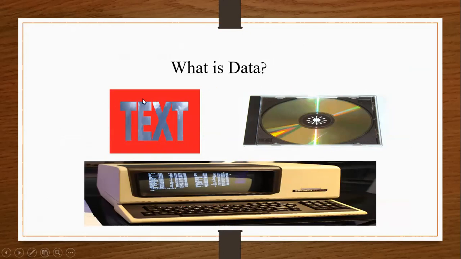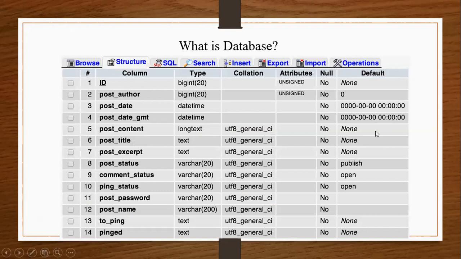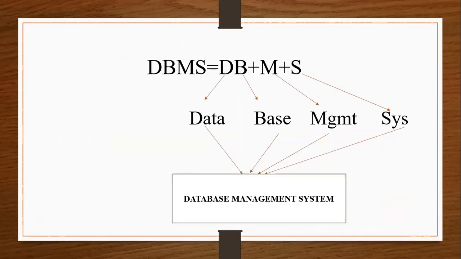All these come under the category of data. Next we have something called a database. Once we have understood the concept of data and database, it is time to understand what is a management system. And then we sum up and tell what is a database management system.